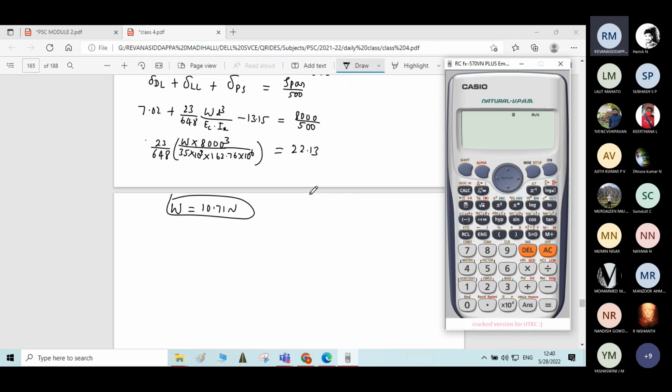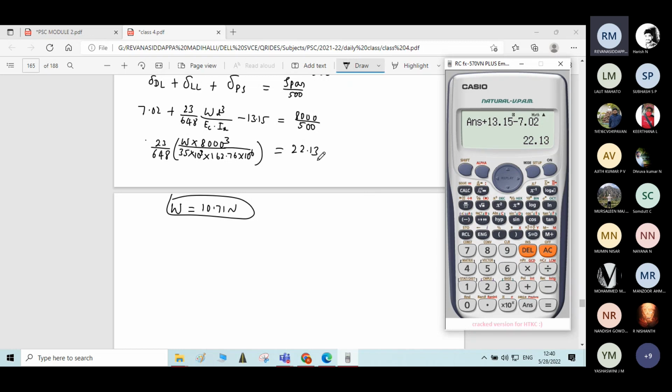Here, 8,000 divided by 500 will be 16. Okay, 16 minus 13.15 if you take to the RHS, it will be plus 13.15, and plus 7.02 if you take to the RHS, it will be minus 7.02. So it is 22.13.